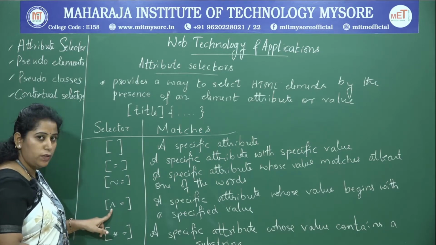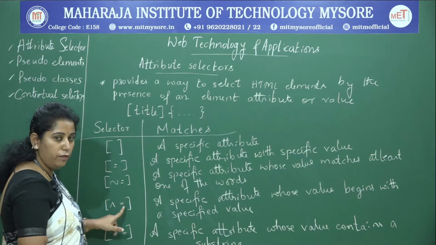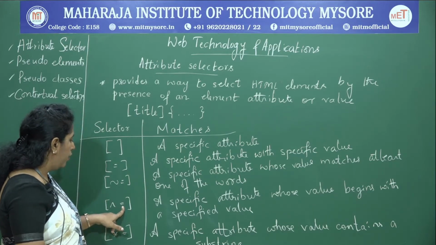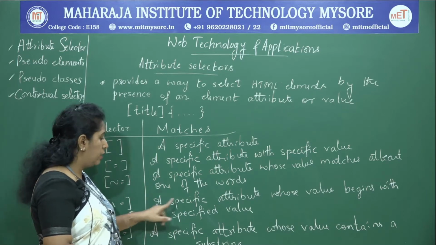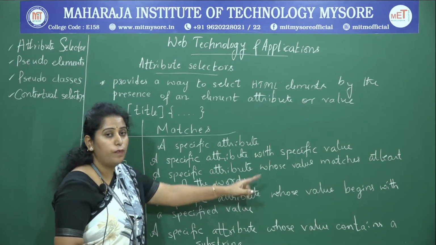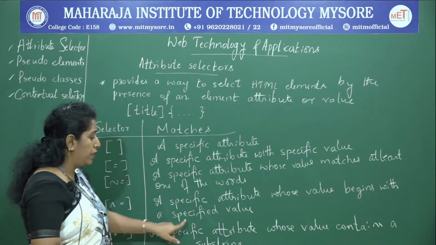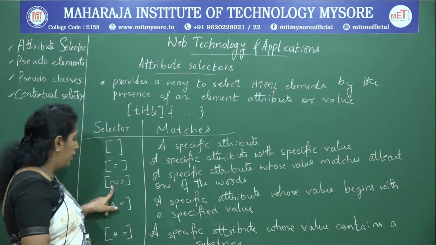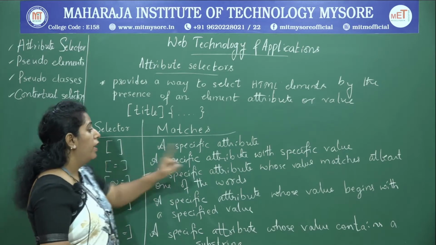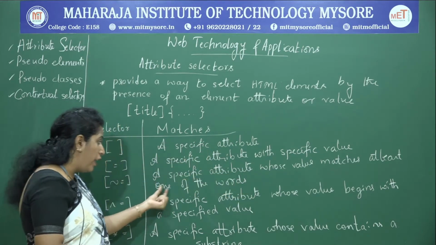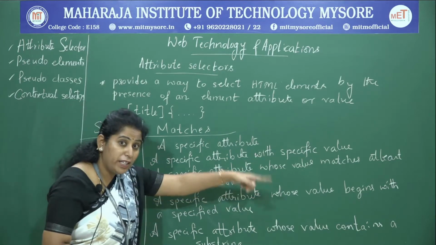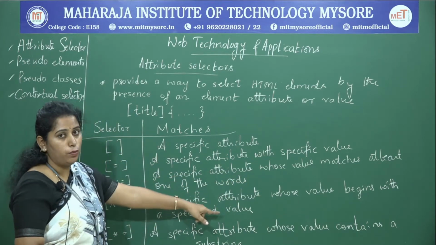Next, you are using the caret symbol along with an assignment operator, which means the equal operator. How does it match? It matches a specific attribute whose value begins with a specified value. Whereas in the previous type of selector, the value matches at least one of the words, here the value must begin with the specified value only.